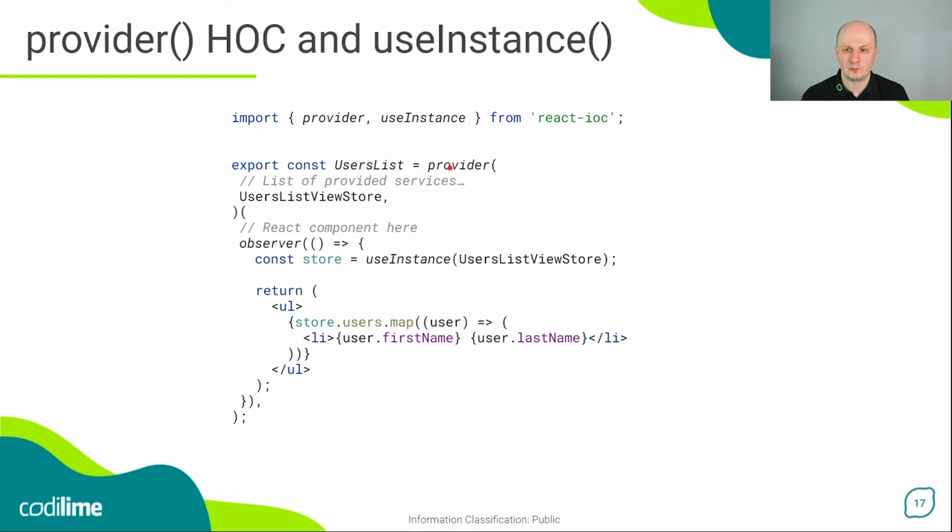So when we provide the users list view store here, this is a reference to the MobX store class, then inside the component and all its children components, we can just write useInstance and put also a reference to this class, and we have an injected, ready-to-use store. Of course, the component should be wrapped by observer to be able to track changes.